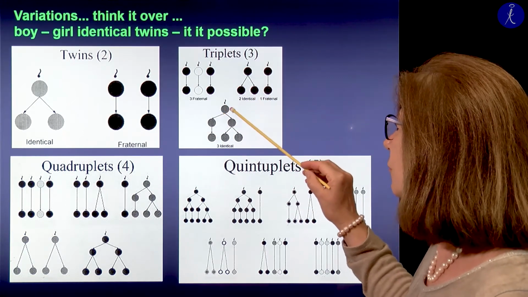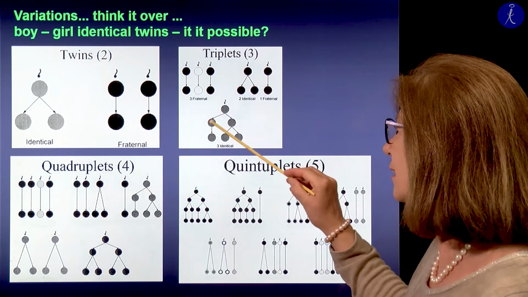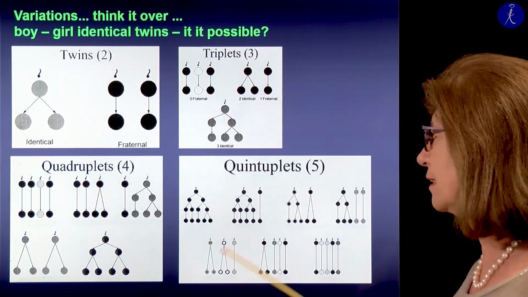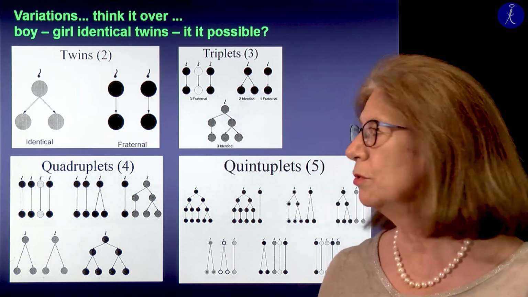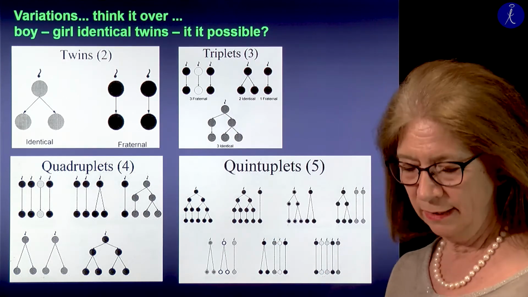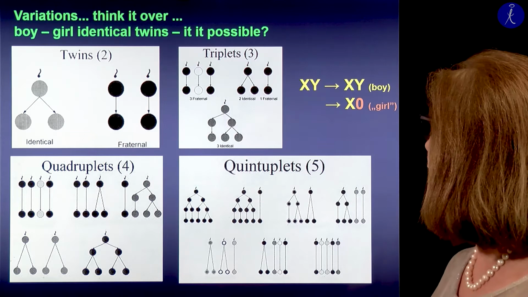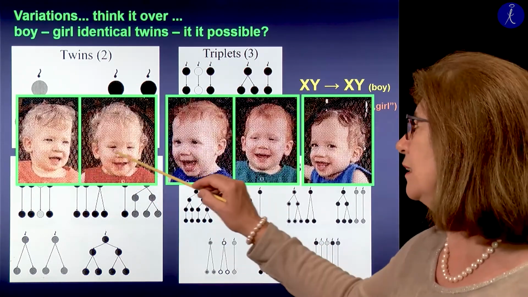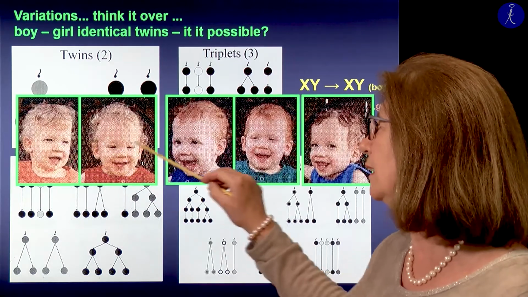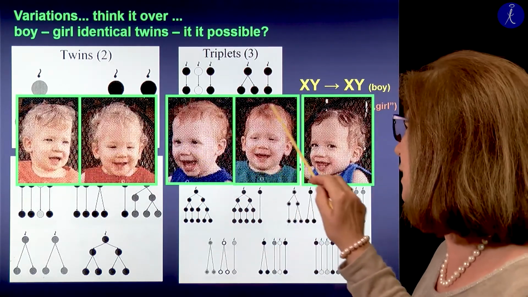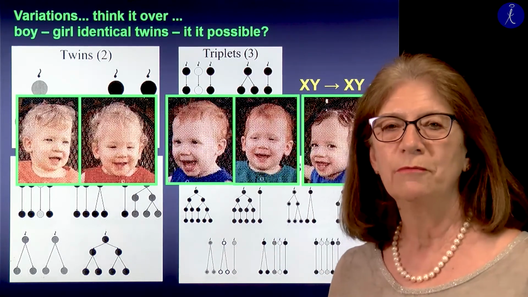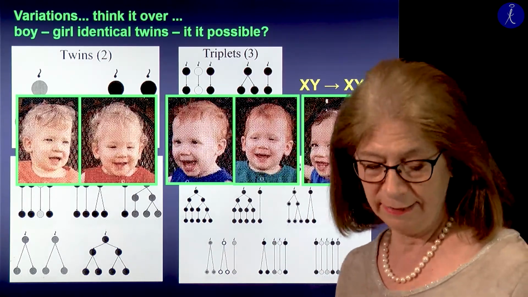Or you may have it from one egg cell that first divides and then later divides one more time. You can play with these variations also in quadruplets and quintuplets. And remember, I showed you this picture at the beginning, that within that quintuplets you had two identical sets of twins plus a third one. So these 5 children were formed from 3 egg cells.